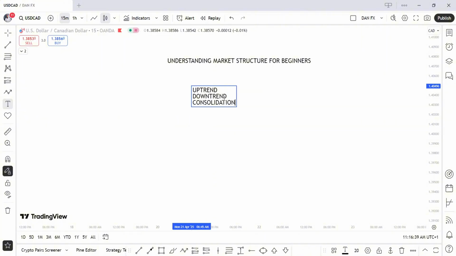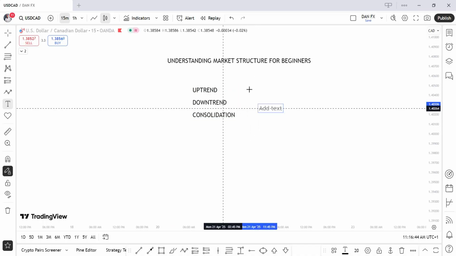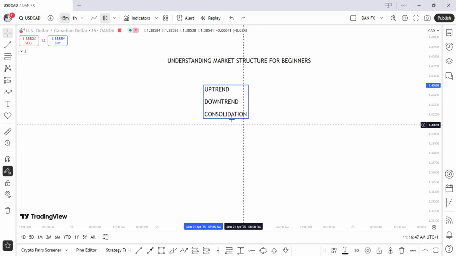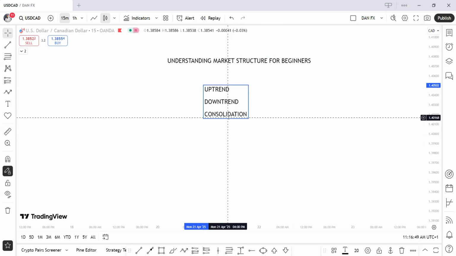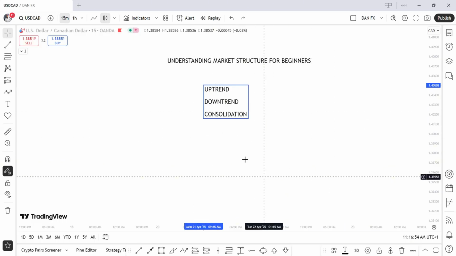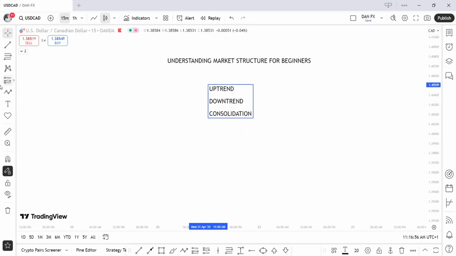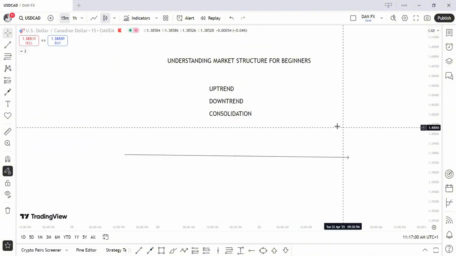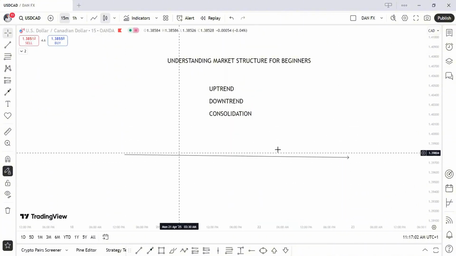This is a term that you need to understand and be familiar with when trading. You're going to hear a lot of this. Uptrend means the market is going up, downtrend means the market is going down. Consolidation means price is going sideways. It's not going up and it's not going down. These are the only directions that the market can move, and the market only moves from left to right. The market cannot move from right to left.